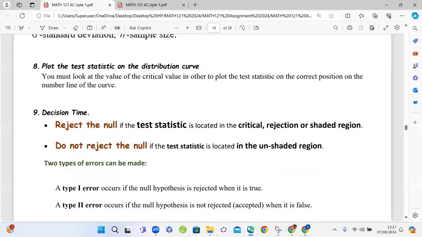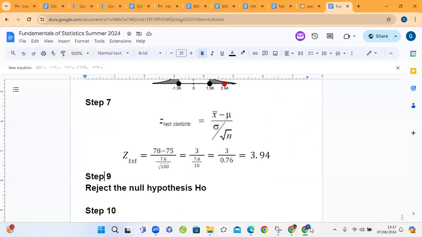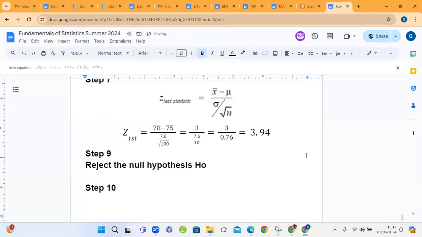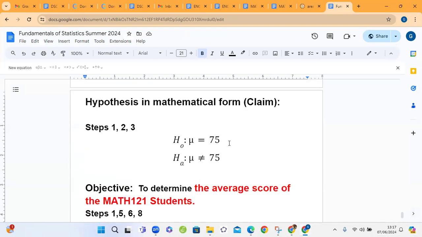Step number 10 says, if the null is rejected, then the alternative is the conclusion. If the null is not rejected, then the null itself is the conclusion. We decided to reject the null, so the alternative is our conclusion, and we have to quote it in words. The mean is not equal to 75.